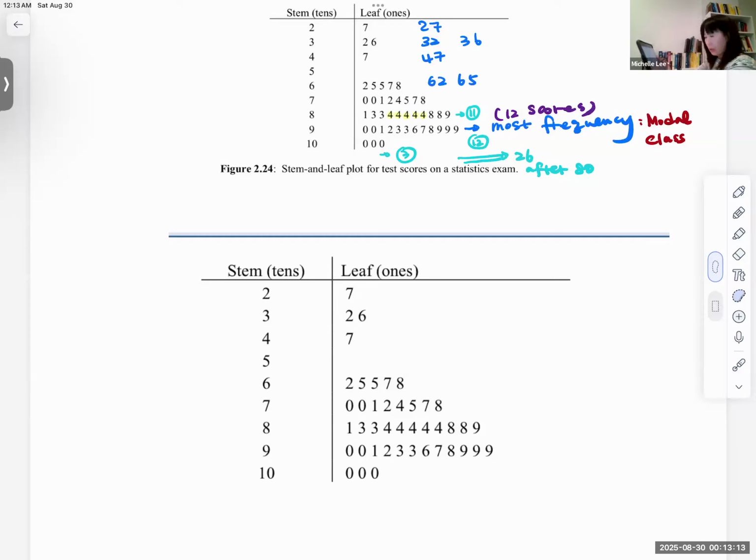Looking at it this way, I want to draw it like this. A normal distribution, right? You know what I'm talking about, right? So let me see.